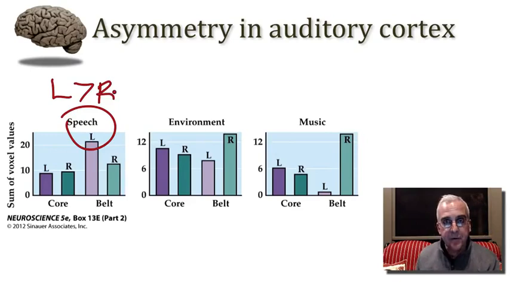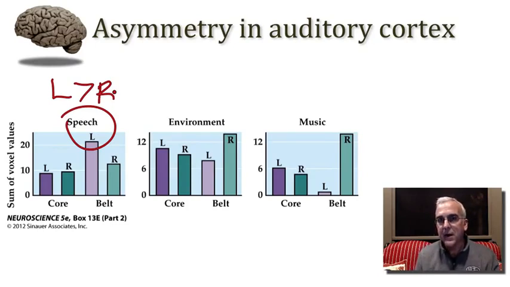And this presumably reflects the specializations that we call Wernicke's area that are manifest in the left lateral temporal lobe. While we listen to environmental sounds, there is virtually no asymmetry in the activation of the two hemispheres, and presumably that reflects the distribution of auditory connections relative to the range of environmental stimuli to which we must respond.